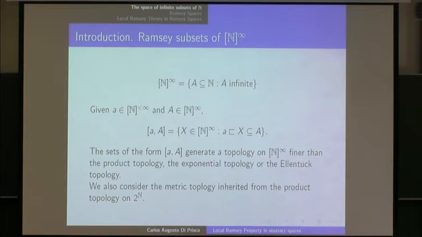We will also consider the metric topology, which is a topology inherited by the set of infinite subsets from the collection of all sets of natural numbers, looking at characteristic functions and giving the product topology with the natural numbers having the discrete topology.